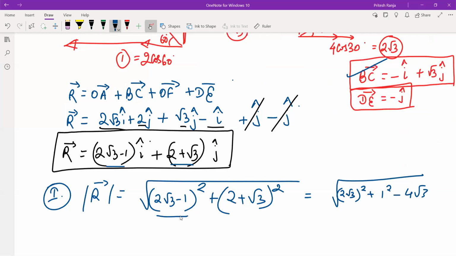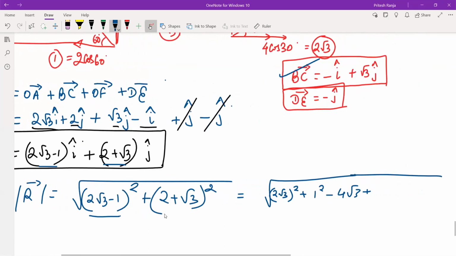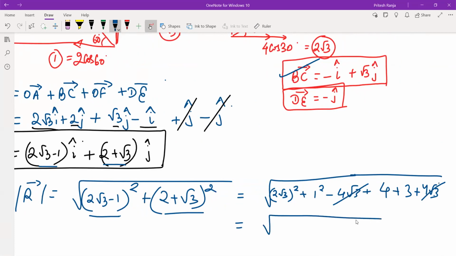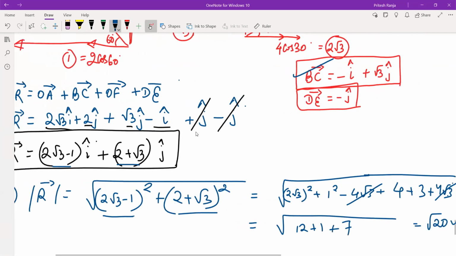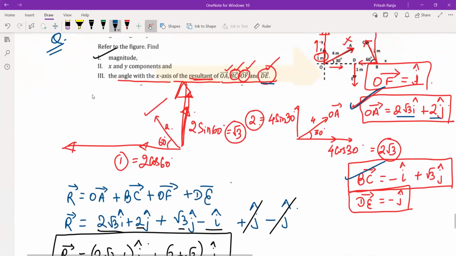That's the expansion of this. And then we add to it 4 plus 3 plus 4 root 3. So this gets cut. And we get root of 12 plus 1 plus 7. So root 20. This is the magnitude of part 1.